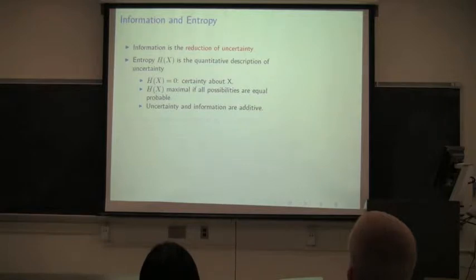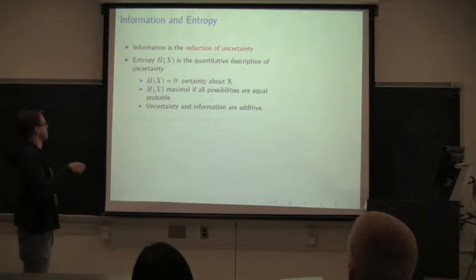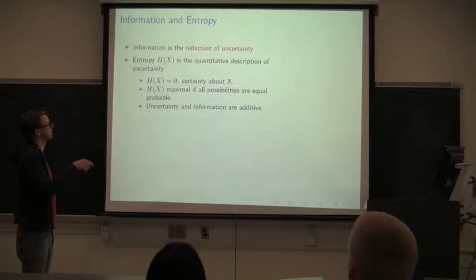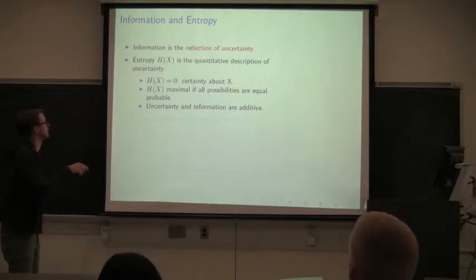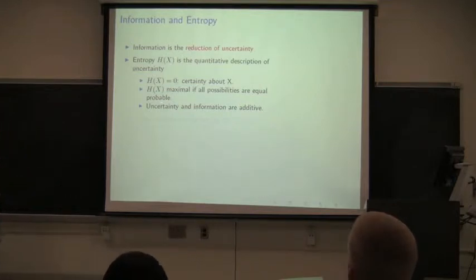If you know the exact value, then this is 0, because you don't need to write down anything. And it's maximal if all possible values of x are equally probable.